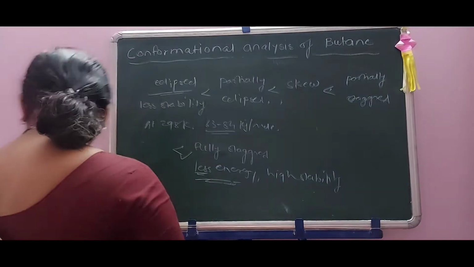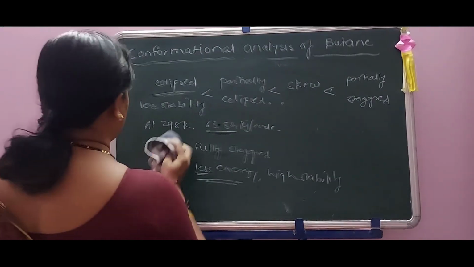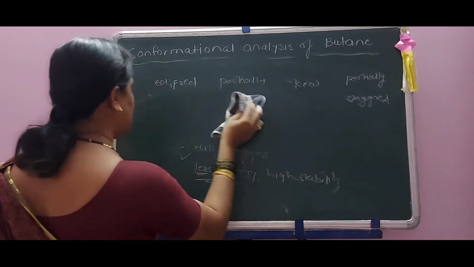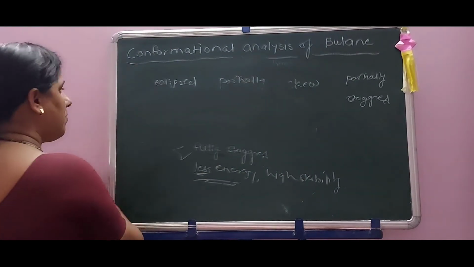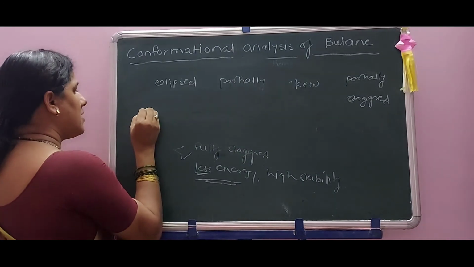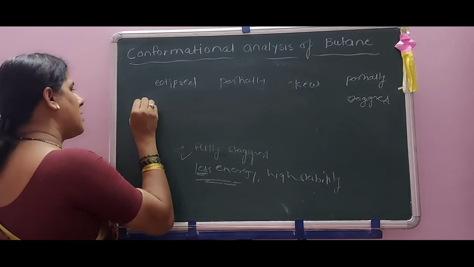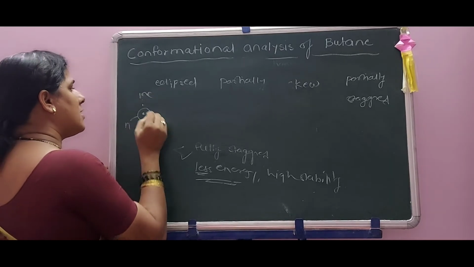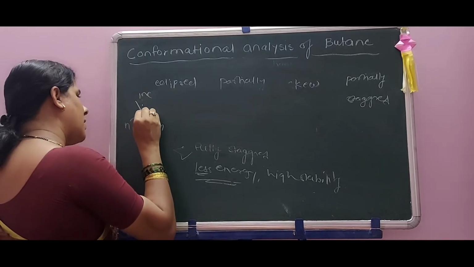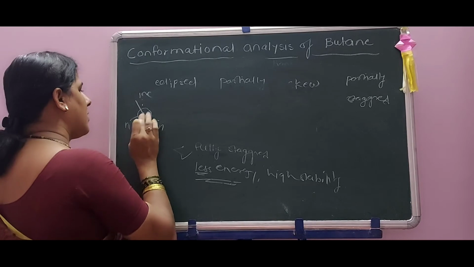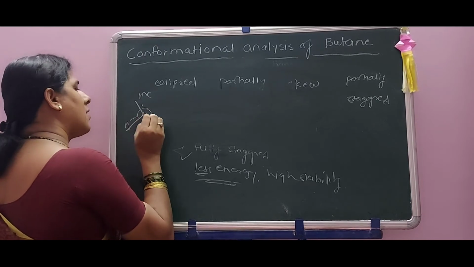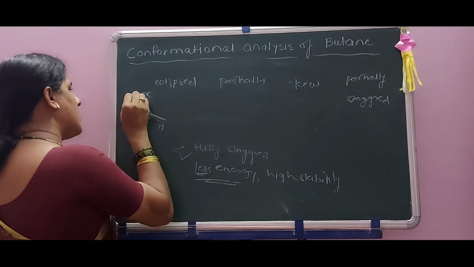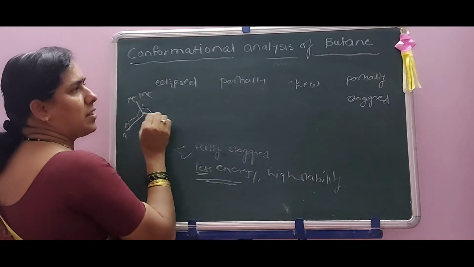Now, one by one, we can draw the structures as follows. For the eclipsed structure, what is the fully eclipsed structure? It is like this: Me, H, H, here also H, H, H, and Me, H. This is the fully eclipsed.